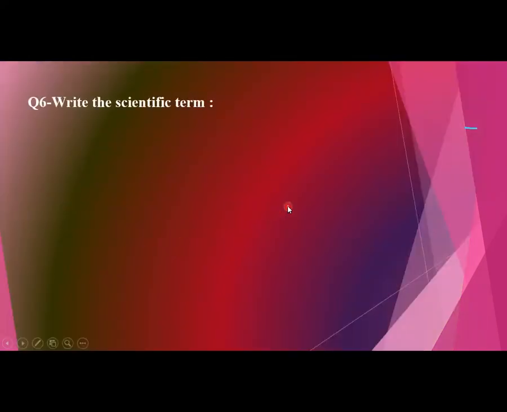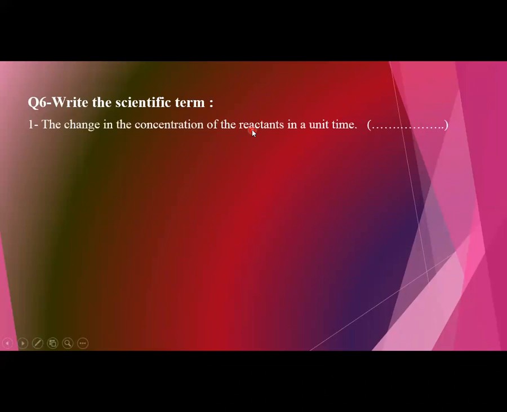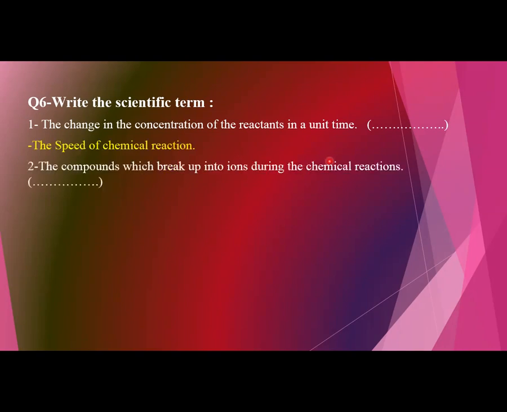Write the scientific term: the change in the concentration of reactant in a unit size. This is the definition for the speed of chemical reaction, of course. The compound which breaks up into ions during the chemical reaction.